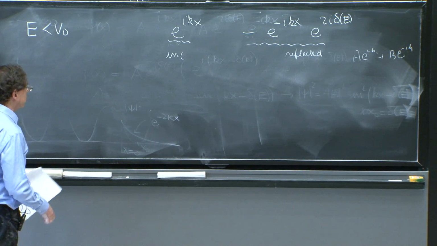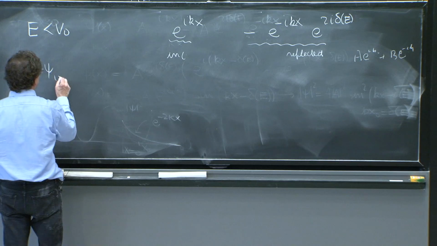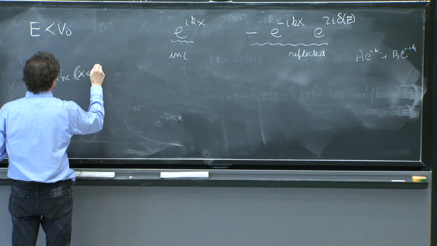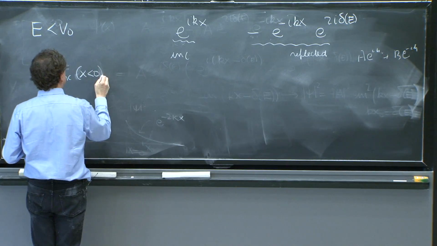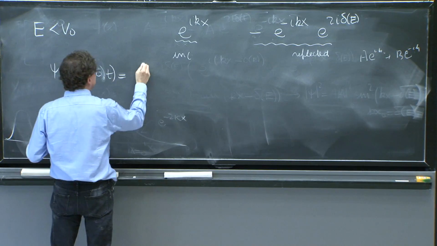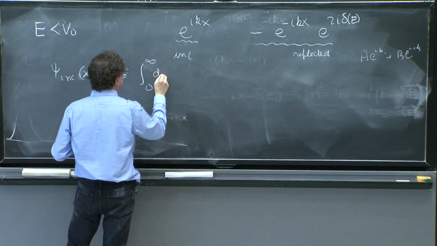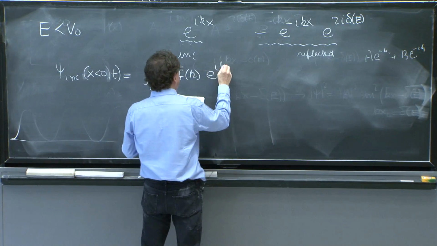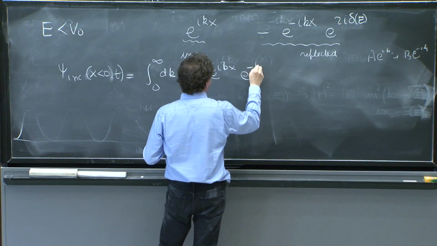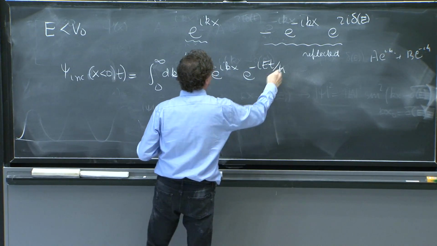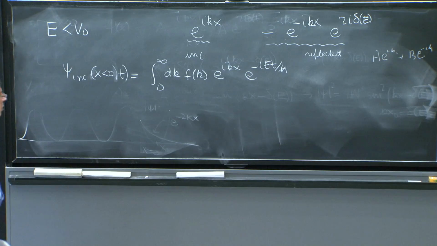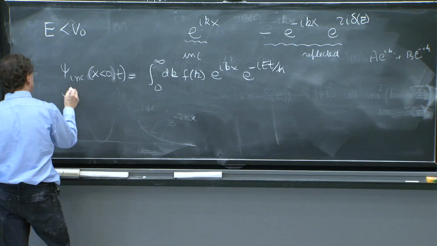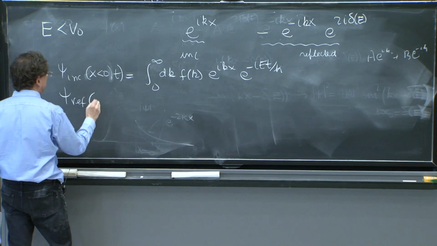So suppose I construct a psi incident of x less than 0 and t as a sum 0 to infinity dk f of k e to the i kx e to the minus i E t over h bar. So I superpose the incident thing here. Then the reflected one should be superimposed too.